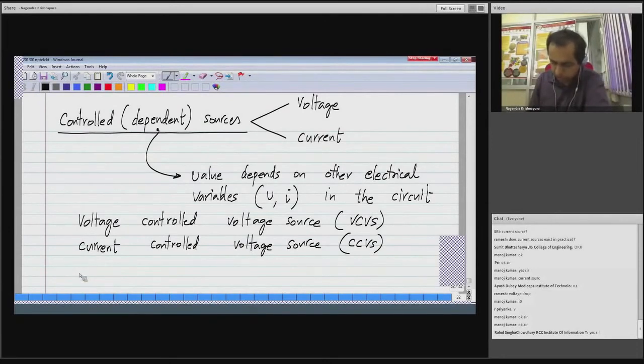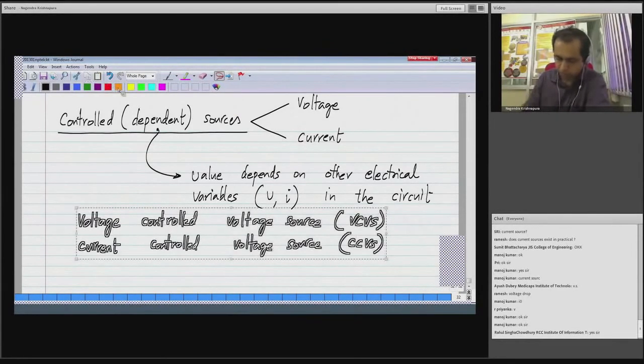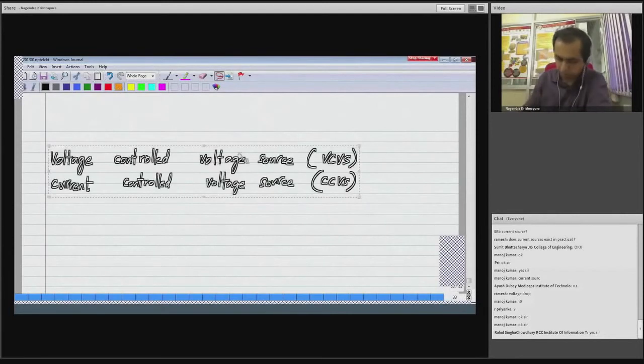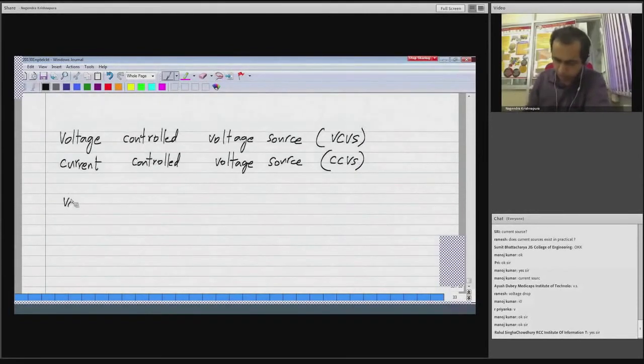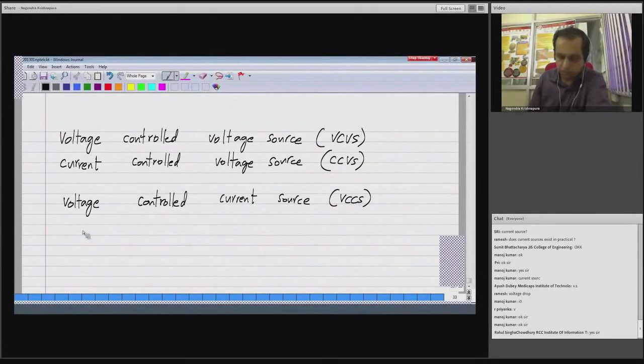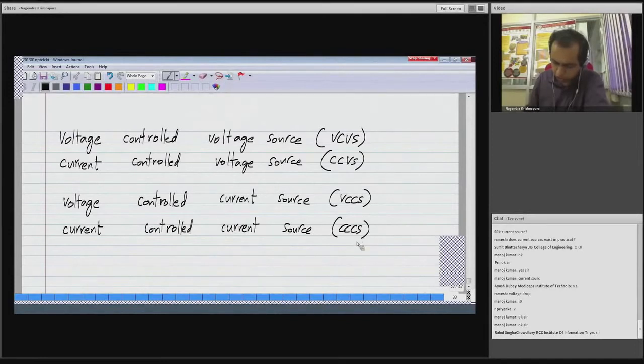And similarly, for current sources, we can have a voltage controlled current source, VCCS, and a current controlled current source, CCCS.